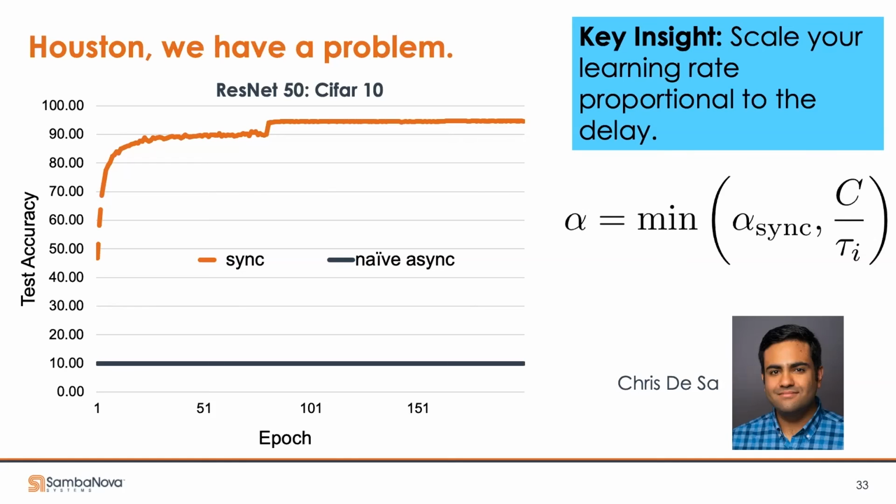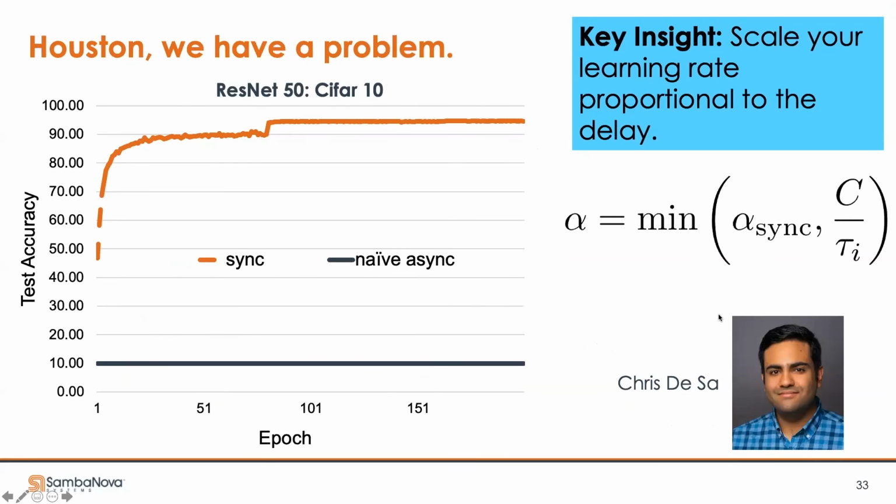The intuition there is that the closer you are to the synchronization barrier, the more confident you are in the gradient update step that you are taking. The farther away you are from the barrier, the more difficult it is for you to be sure that the gradient update step that you are taking is less noisy.